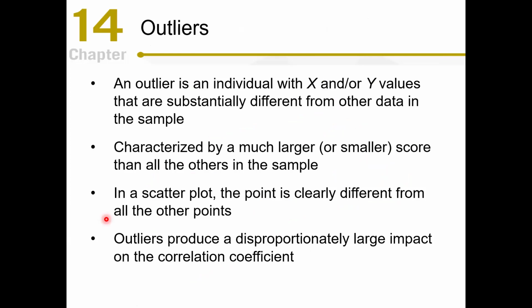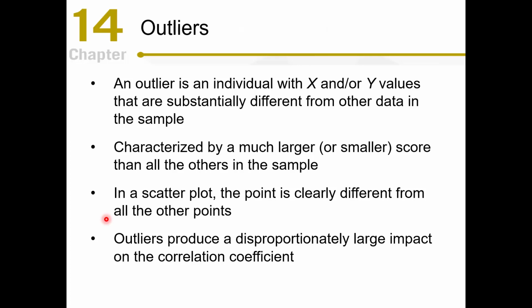One other thing that will affect the correlation coefficient is outliers. An outlier is an individual with an X and/or Y value that is substantially different from other data in the sample. For instance, in our class, mostly everyone is around 5'6", 5'7", maybe 5'10".